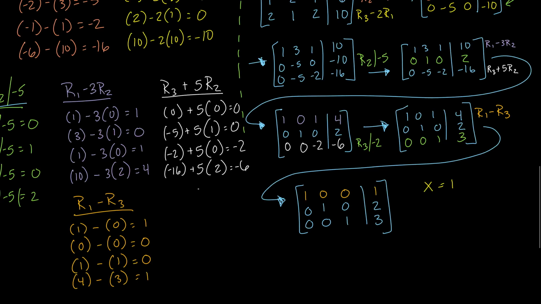Then in this row 2, this y value is equal to what the constant is now, which is a 2. And the z is equal to the constant 3. And we are done row reducing, and we have solved this matrix.